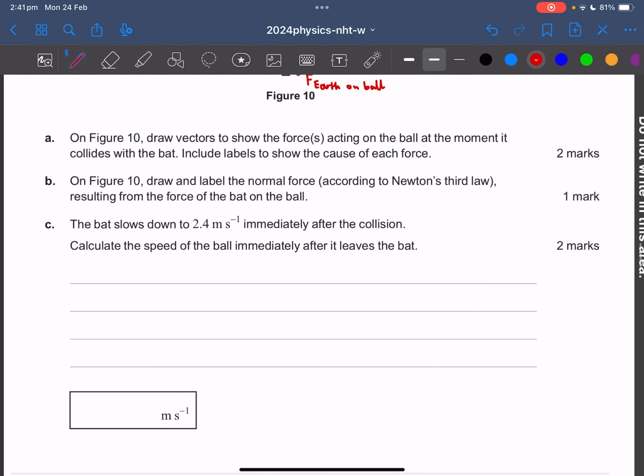Okay, the bat slows down to 2.4 meters per second immediately after the collision. Calculate the speed of the ball immediately after it leaves the bat. Okay, so this is the conservation of momentum now. So we know that m bat times u bat plus m ball times u ball is equal to m bat times v bat plus m ball times v ball.